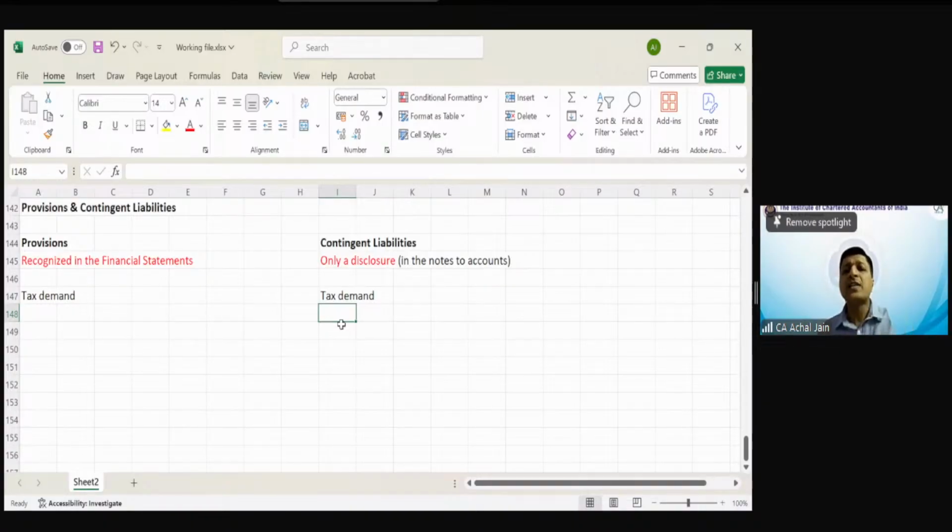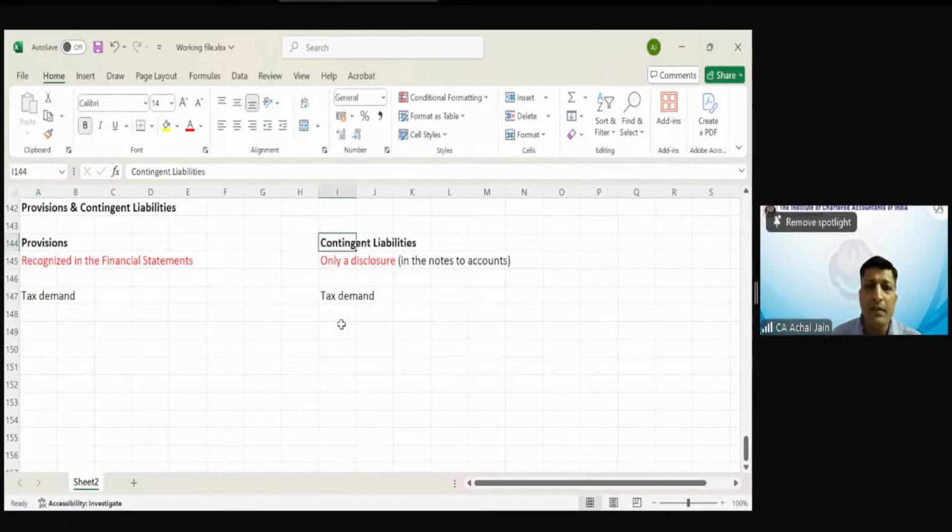And what do you call that disclosure? Contingent liability. Means the liability is there, but it is contingent upon the occurrence of something which is not known at this point of time, over which there is no clarity. So that's what you have in the case of contingent liability.